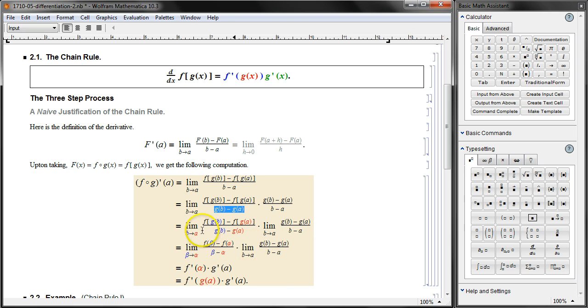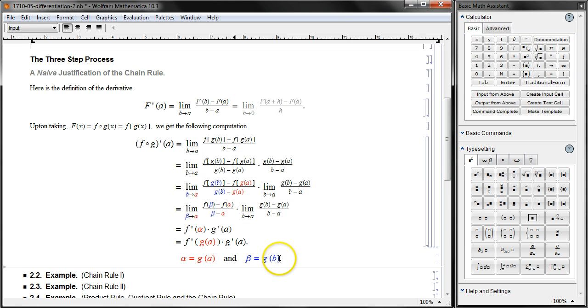The next issue is this one. This limit becoming that limit. Limit b is approaching a versus limit beta is approaching alpha. Please allow me to remind you again. Alpha is g of a and beta is g of b. Consequently, this expression, f of g of b minus f of g of a over g of b minus g of a, is equivalent to this expression, f of beta minus f of alpha over beta minus alpha.